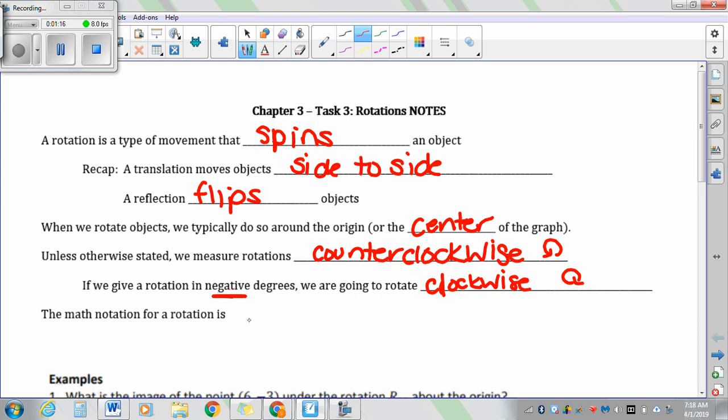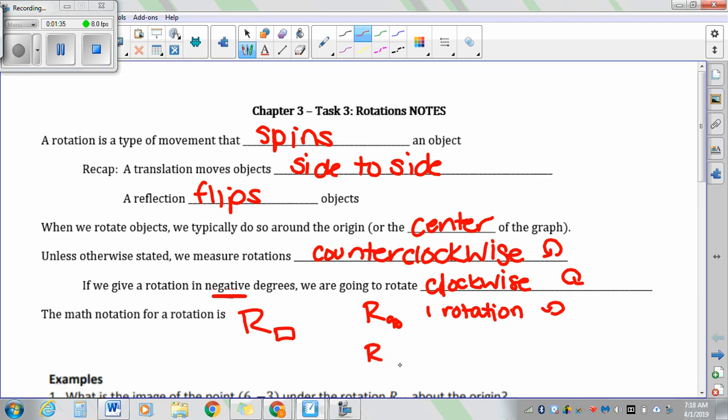Math notation is always R and then something. So that might be R90. For example, R90 would be one rotation, and because it's a positive 90, counterclockwise.